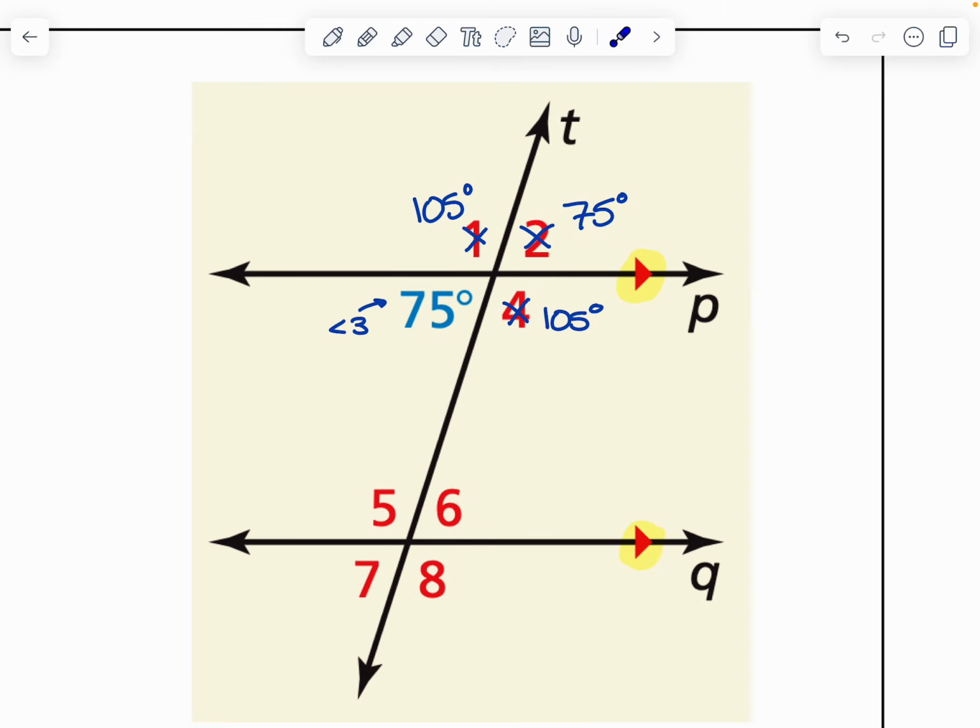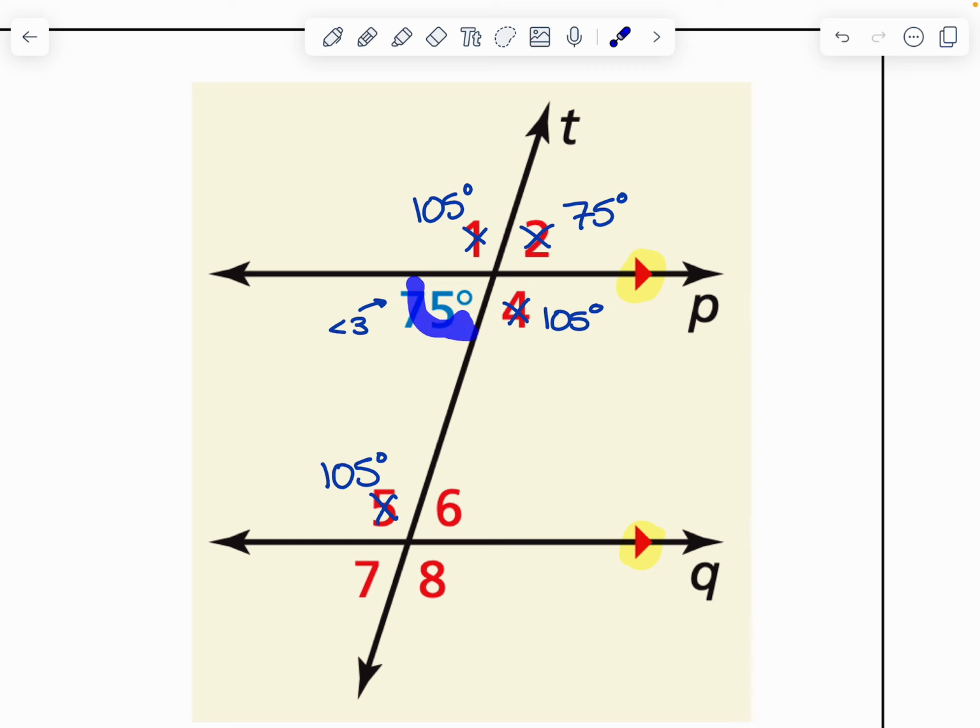5, 6, 7, and 8. You could use corresponding angles the whole way through. I'm going to throw some different ones at you. Angle 1 is in the top left. Angle 5 is in the top left, which means that angle 5 also has to be 105 degrees. Corresponding position, corresponding angle measure.